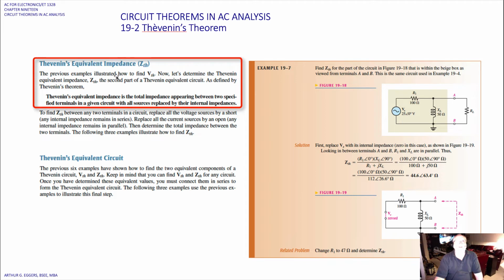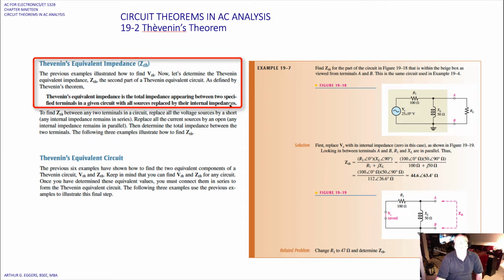In the previous examples, we concentrated on looking at and finding V Thévenin. Now let's determine the Thévenin equivalent impedance for these circuits. The second part of the Thévenin equivalent circuit, as defined by Thévenin's theorem, Thévenin's equivalent impedance is the total impedance appearing between two specified terminals in a given circuit with all sources replaced by their internal impedances.